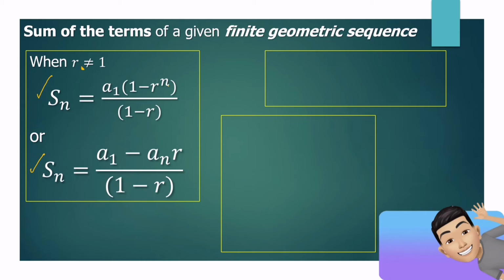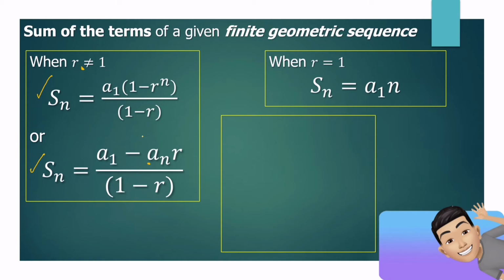So, dun sa naunang formula natin, ang kaibahan niya dun sa pangalawa kasi may a sub n na given. Dito, wala. Pero the same lang yan ng pinanggalingan. Next, we can also use another formula when r is equal to 1, s sub n equals a sub 1 times n.